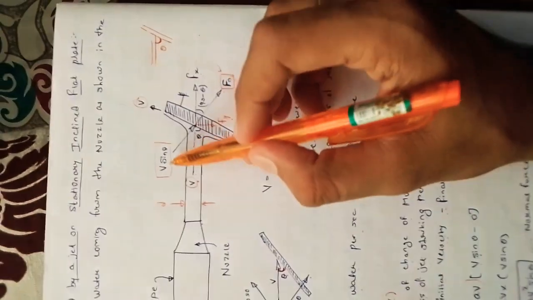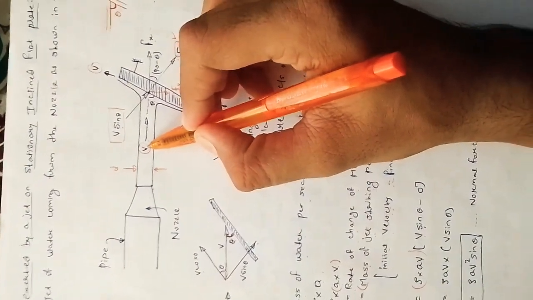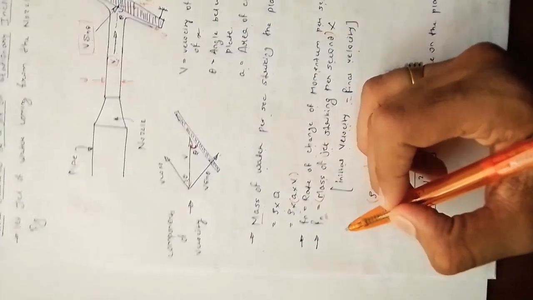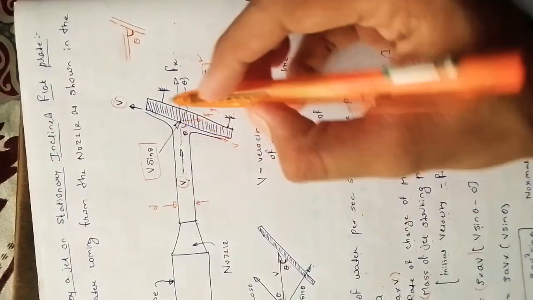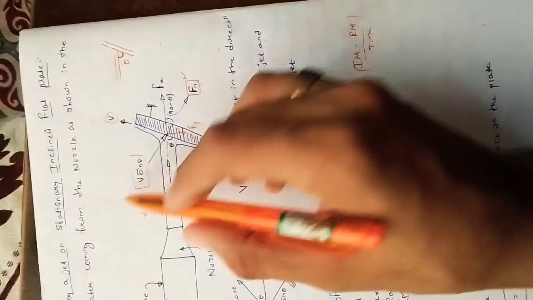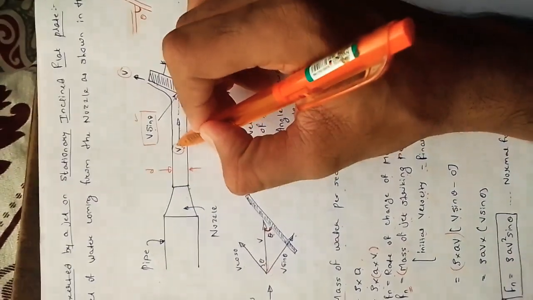Initial velocity is V sin theta. We should know that V is not the initial velocity. Why? Because we are finding the force in the normal direction, and the normal direction for this plate is this direction, so the velocity in this direction is this one, not this one.